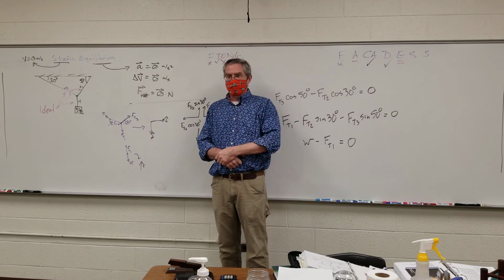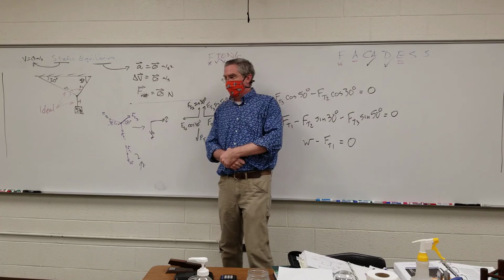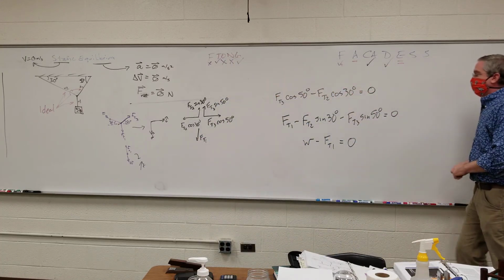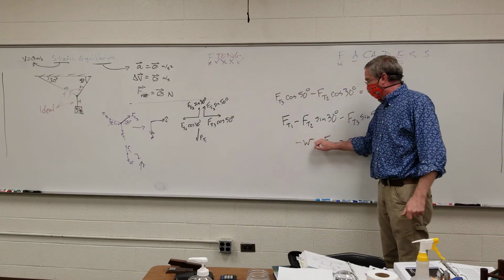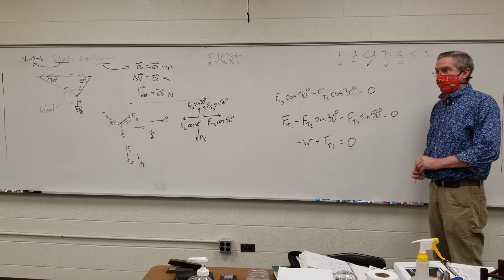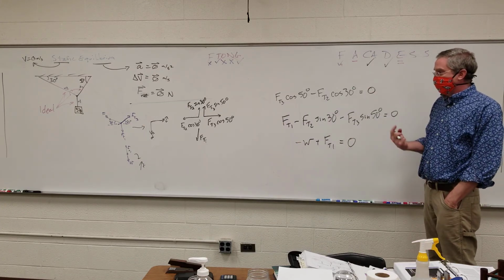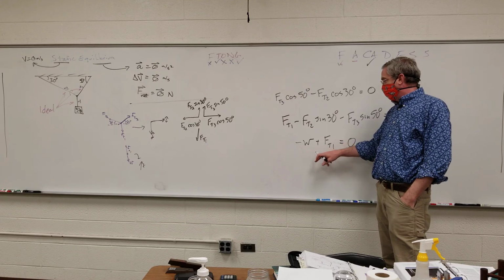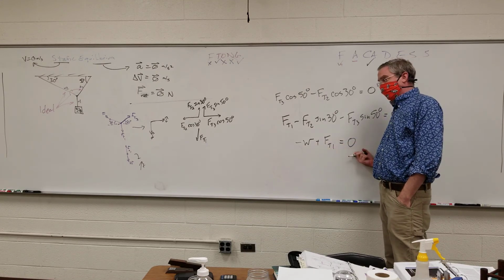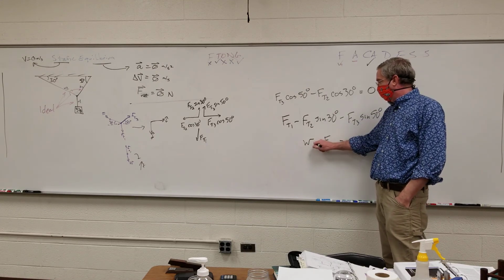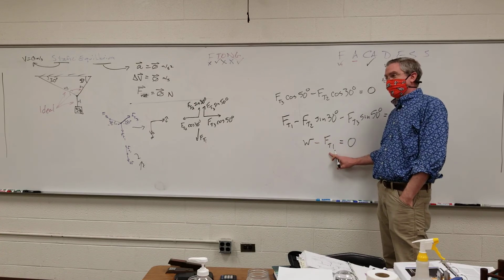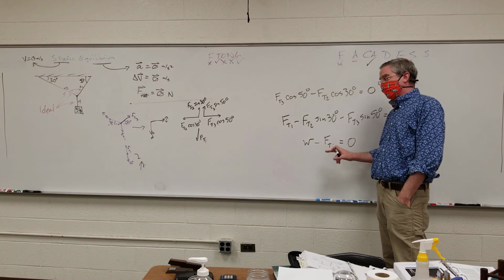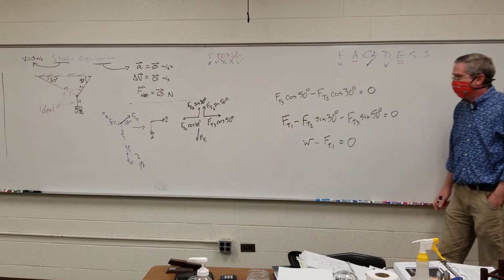Would it not goof up your math if you were to change the coordinate axes? It would reverse. If you suddenly make up positive, I would add W to both sides, whereas before I would add tension to both sides, and either way I've got weight is equal to tension. I see, okay.